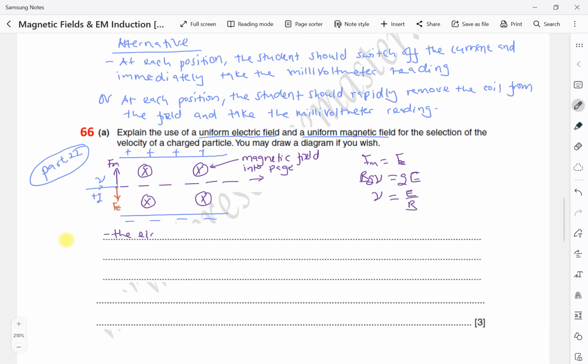The electric and magnetic fields are perpendicular to each other and to the velocity of the particle.